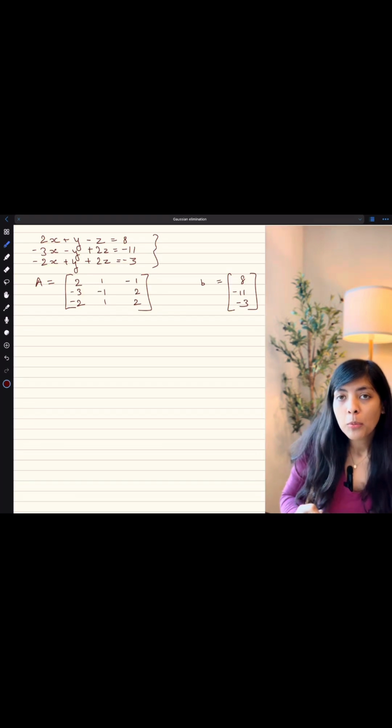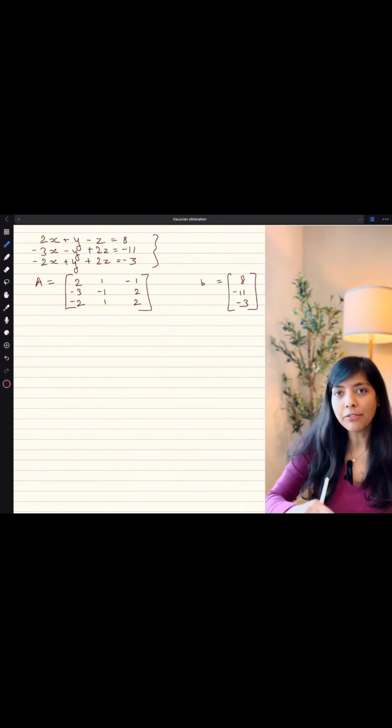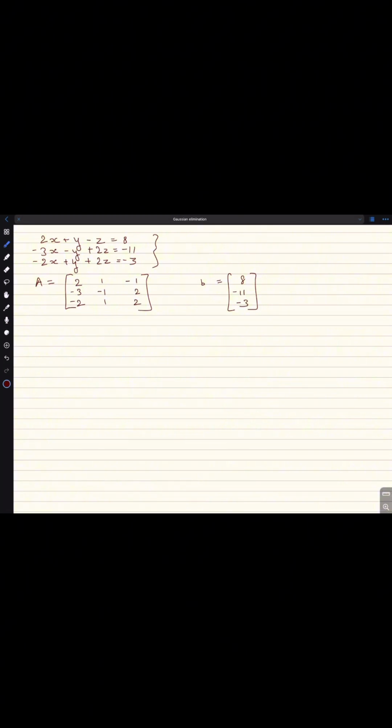So now what we want to do is we want to create an upper triangular matrix, meaning everything below a diagonal has to be 0. So if we make this augmented matrix like this, we will first normalize the first row.